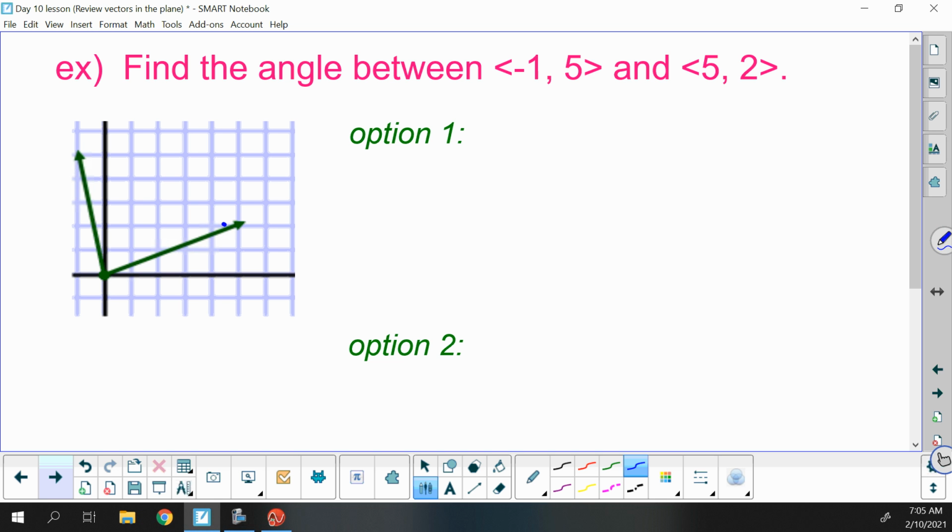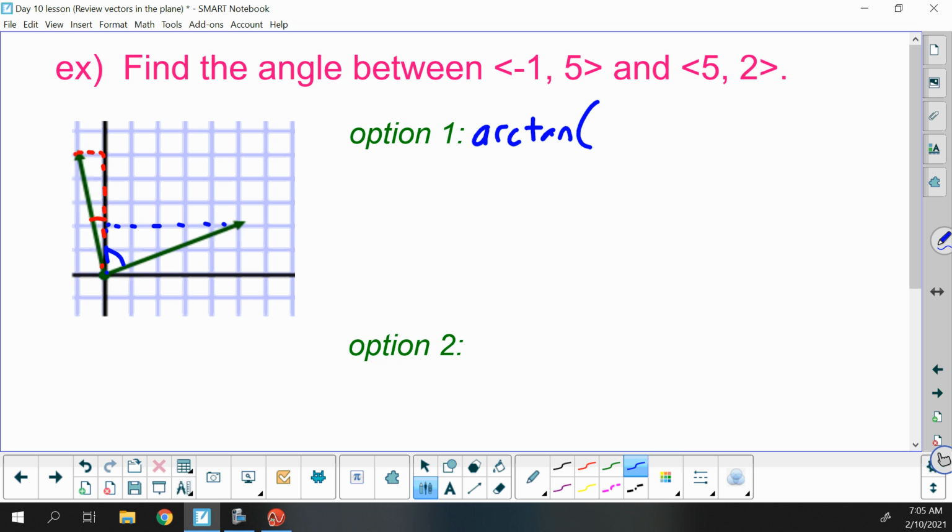So we want to find this angle between. Well, let's think of it as 2 separate right triangles, and we'll just find each of the angles at the origin using right triangle trig. Well, in the blue triangle, to find that angle, we'd have to do an arctan.